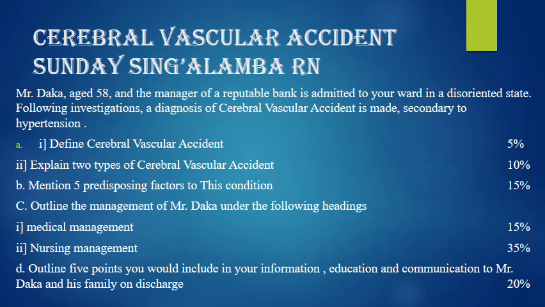Hemorrhagic stroke. Yes. So ischemic stroke is a form of stroke that comes in due to an obstruction or a blockage in a blood vessel. Yes. So that blockage could either be thrombosis or embolism.